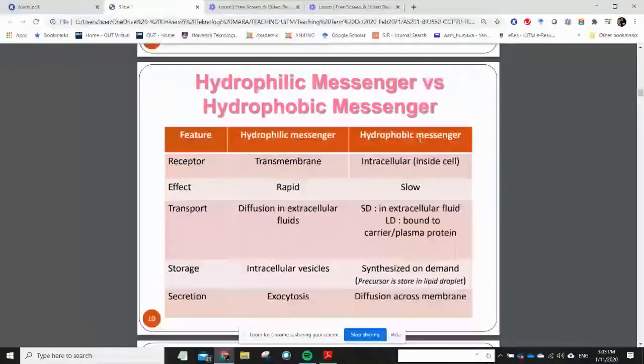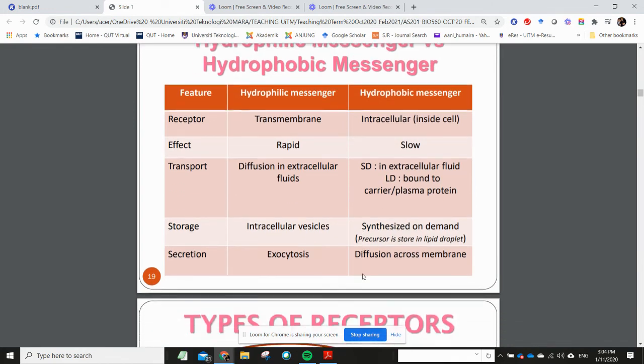Storage for the hydrophobic messenger is synthesized on demand. When there is a stimulus or signal, the signaling cells synthesize the hydrophobic messenger, which diffuses across the membrane easily, but entering the blood it needs a carrier protein.